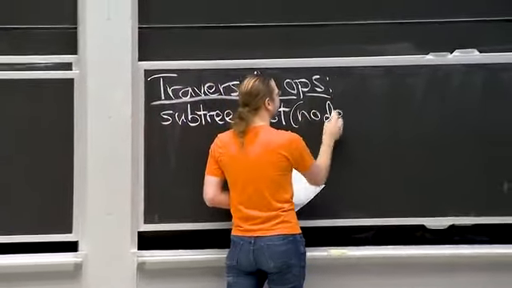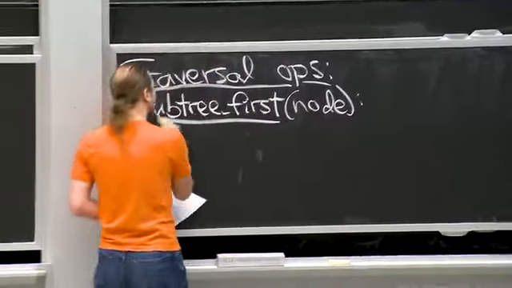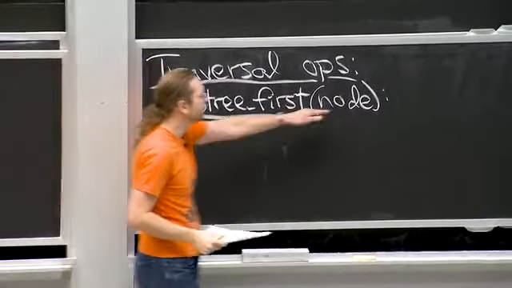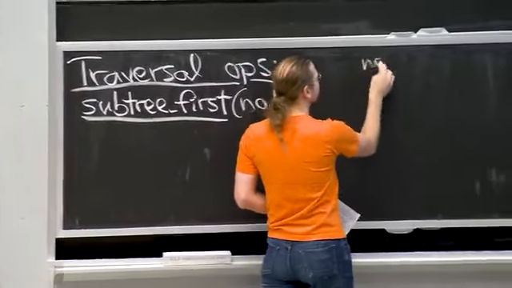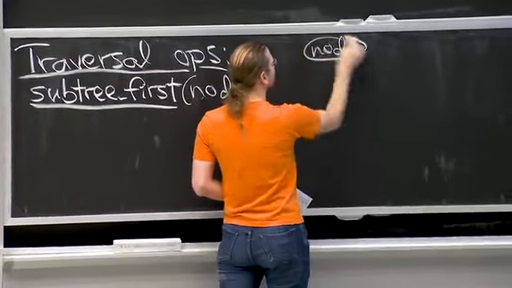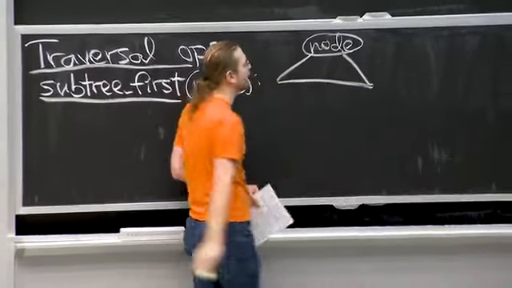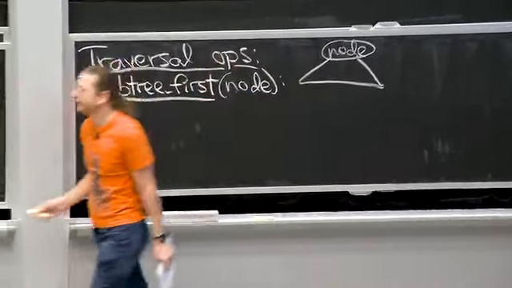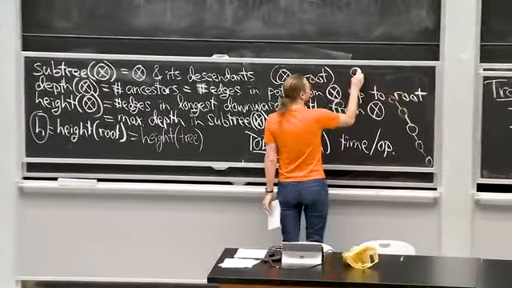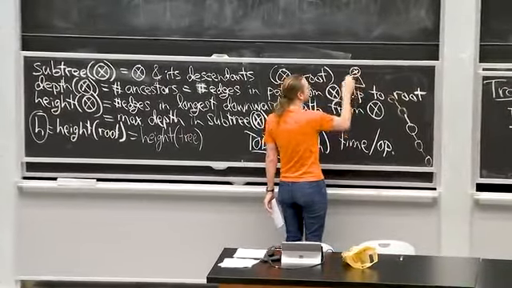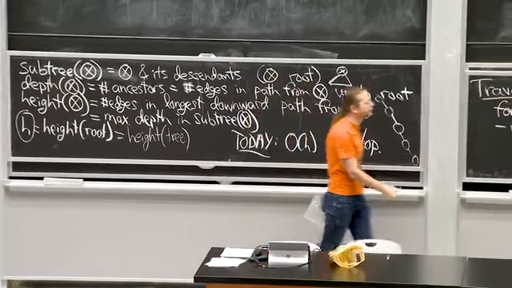It's the first one. So given a node, which I'll call node, this defines a subtree, which usually we draw as a triangle hanging off of the node. So here I would write x, and then there's some subtree of all the descendants of x.